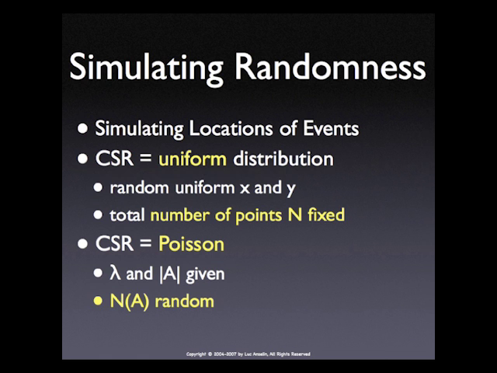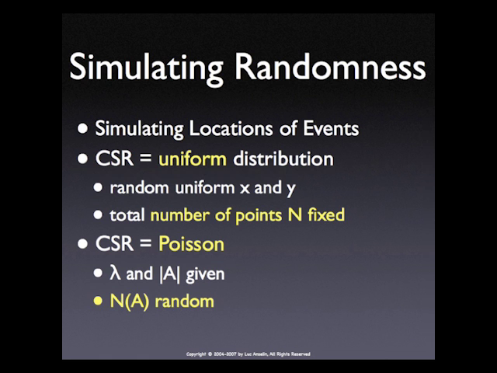Another way is a little trickier, and it lets more randomness into the process. Namely, rather than saying the total number of points is fixed, it takes the mean of the distribution as given, the mean being the intensity times the area, like 5 per square kilometer. And then it allows the uncertainty of the Poisson distribution to generate different total numbers of points.